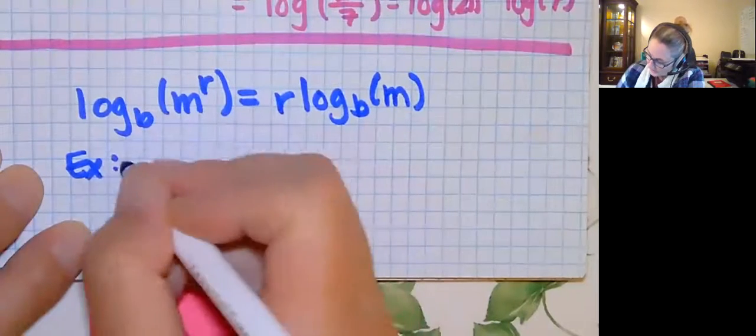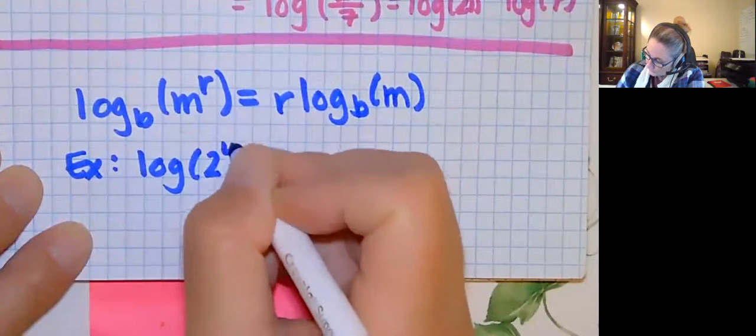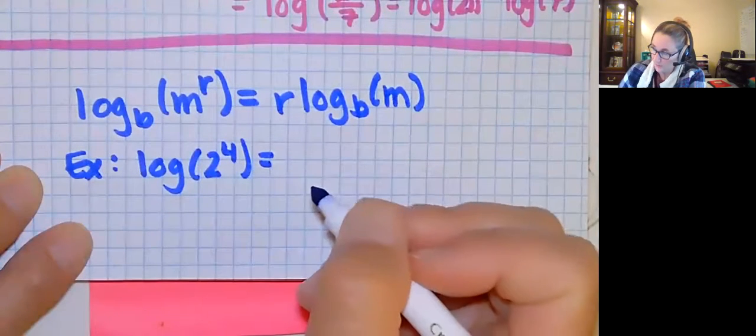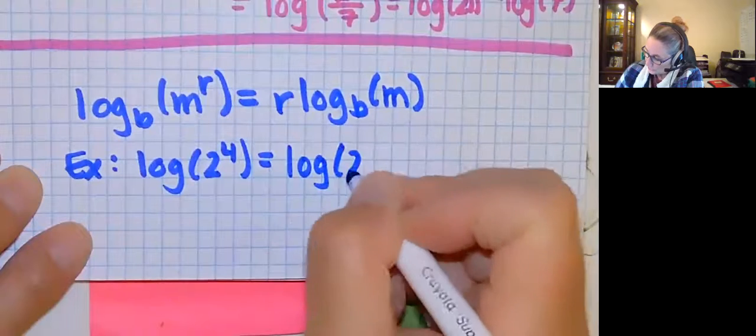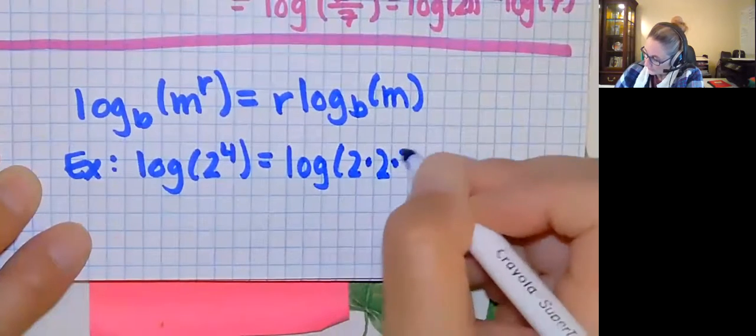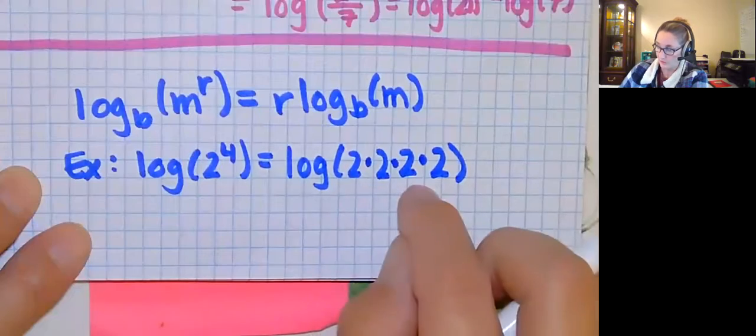Now, kind of as an example, how does this happen? So let's say I've got log of 2 to the 4th. Okay. Now, really, this is log of 2 times 2 times 2 times 2. That's really what 2 to the 4th is.